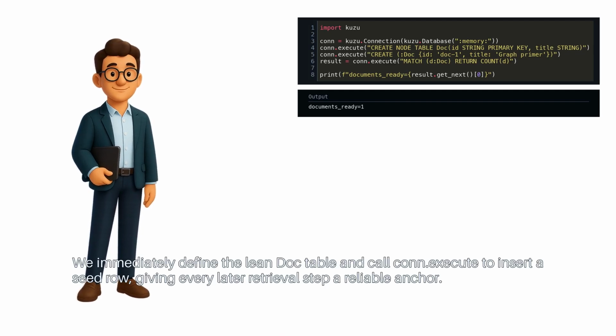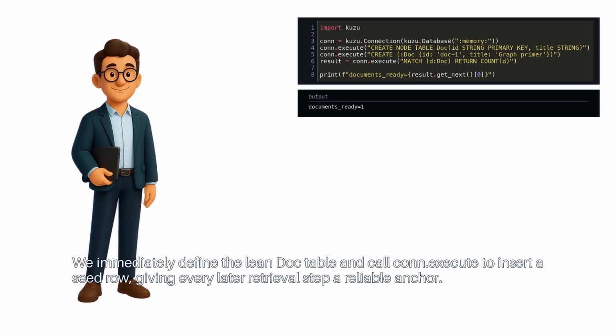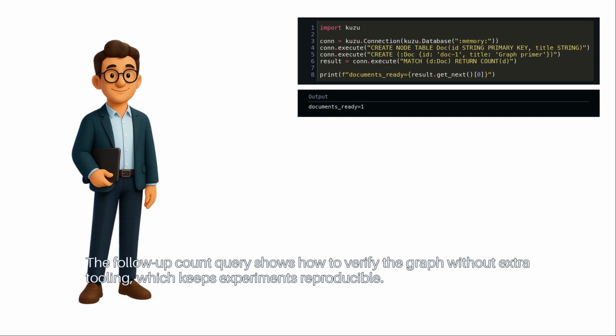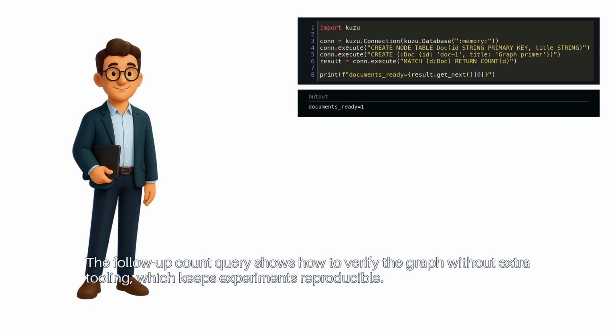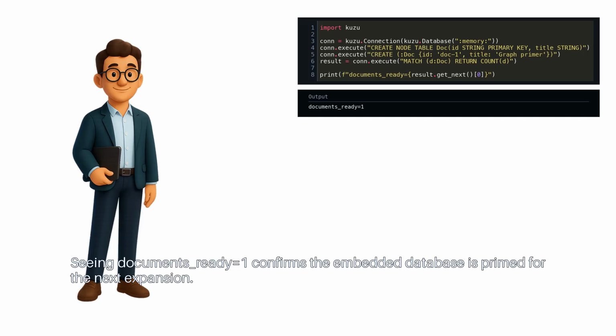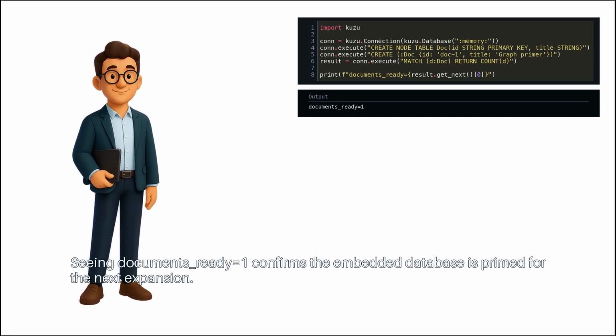We immediately define the lean doc table and call con.execute to insert a seed row, giving every later retrieval step a reliable anchor. The follow-up count query shows how to verify the graph without extra tooling, which keeps experiments reproducible. Seeing documents ready equals 1 confirms the embedded database is primed for the next expansion.